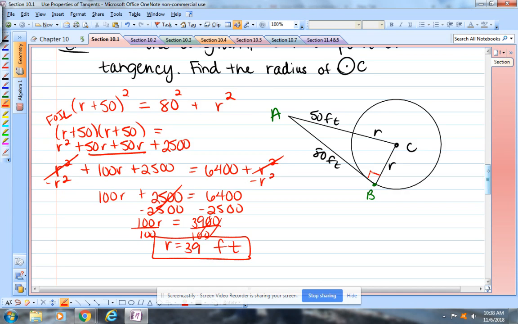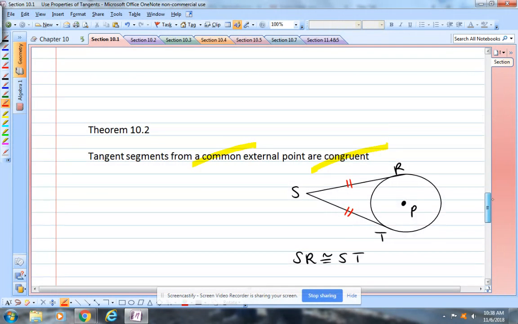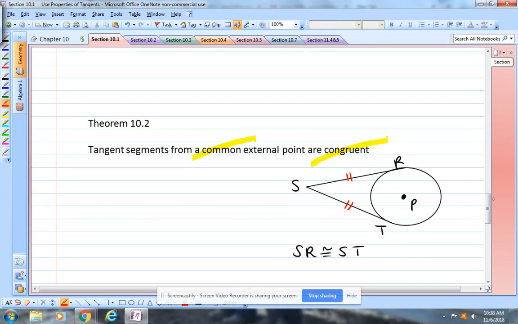All right, let's do another one on our notebook paper, please. First of all, here's a theorem. This is the one on the bottom of the first page of your packet. You might want to draw the picture. This one is usually a little bit easier to work with. Tangent segments: two lines that are tangent from the same common external point are congruent.